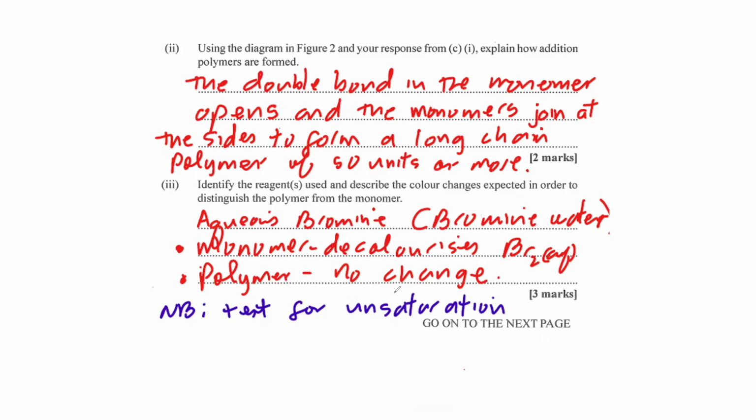In other words, the monomer would decolorize the bromine, but the polymer would cause no change. And this is called the test for unsaturation. You can also use bromine liquid, which is bromine in CCl4, an organic solvent. And the same observation would be observed where the bromine would be decolorized by the monomer, but not the polymer.